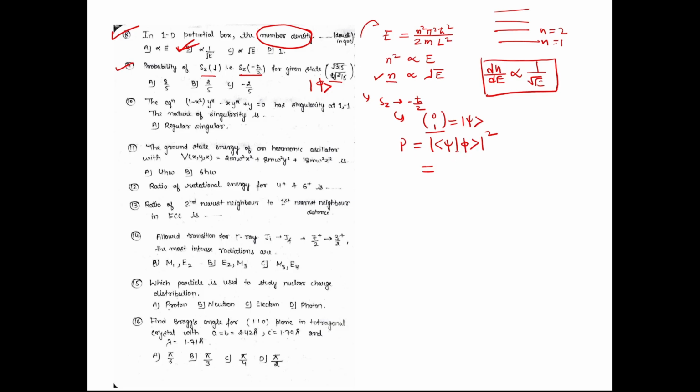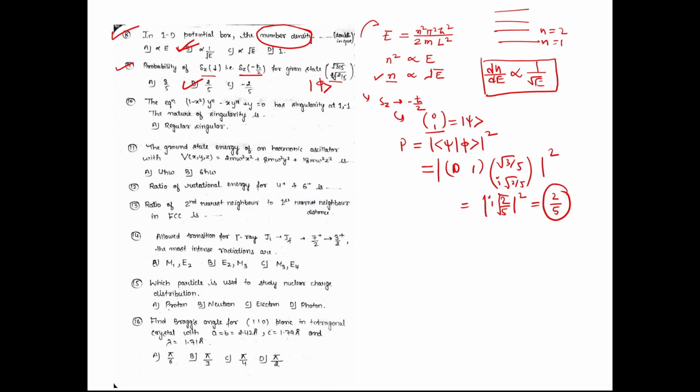So bra phi will be 0 1 and ket psi is root under 3 by 5, then iota root under 2 by 5, mod square. Okay, so it gives only iota root under 2 by 5, mod square gives us 2 by 5 only, so the probability will be 2 by 5.